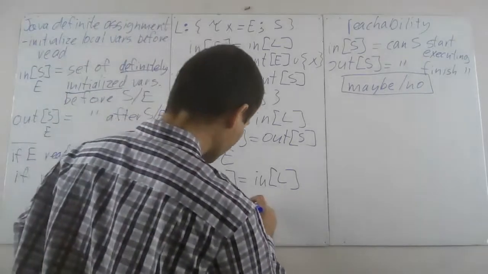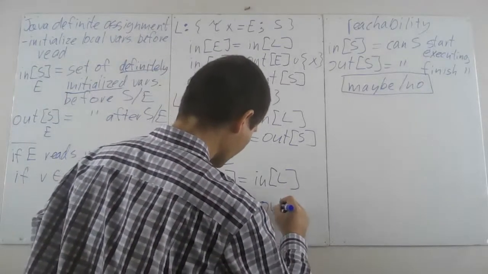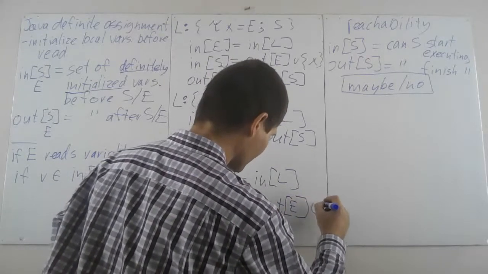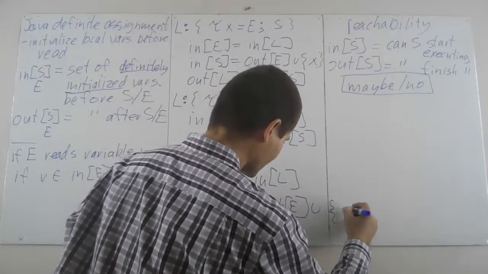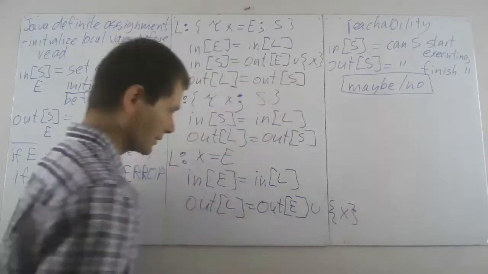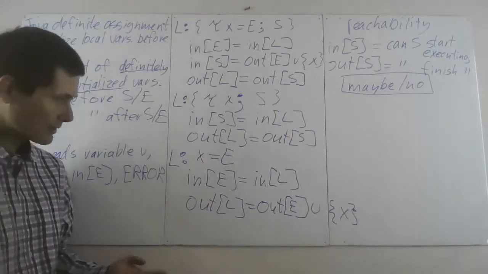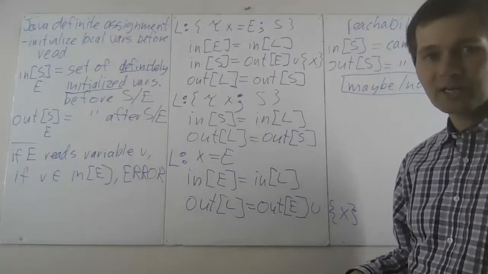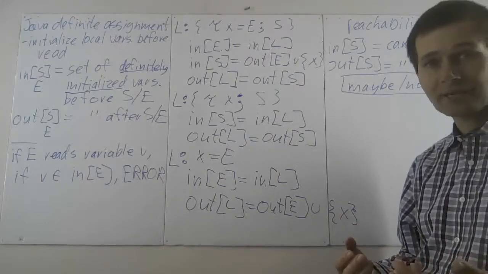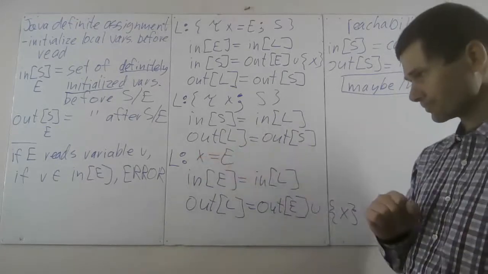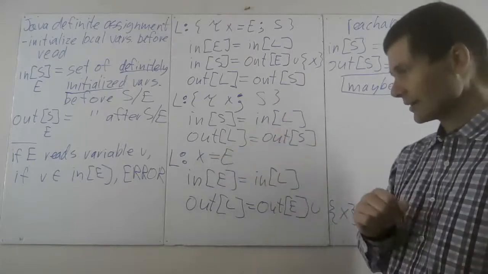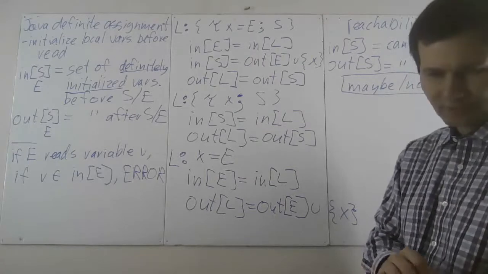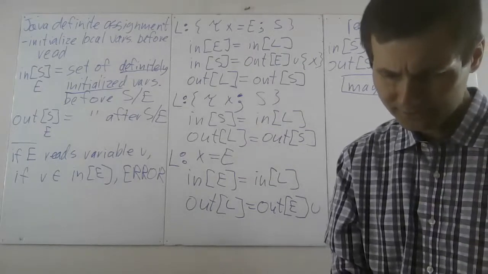But then out of L is going to be out of E, unioned with a set that has X in it. Okay. So this is sort of the key instruction that matters for the initialization analysis, right? So when I have an expression that writes a value to X, after that write, I'm going to know that X is initialized.